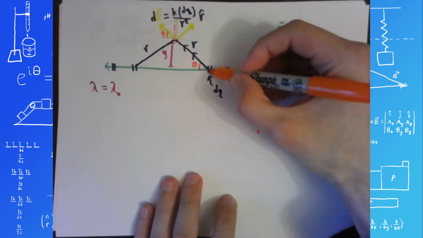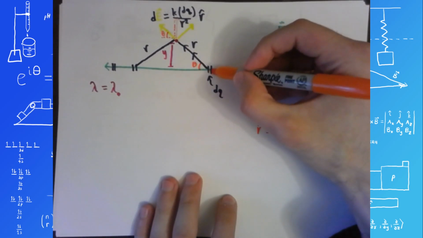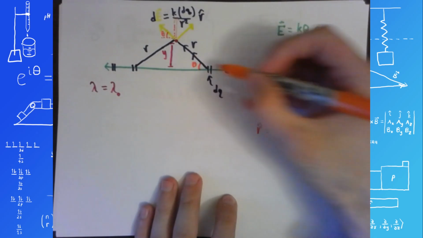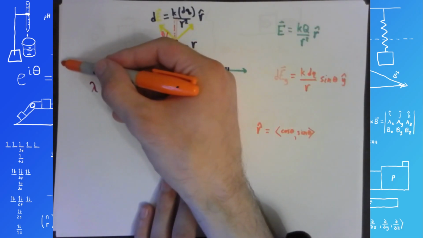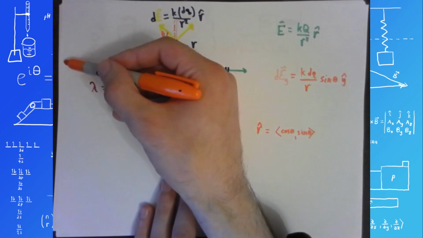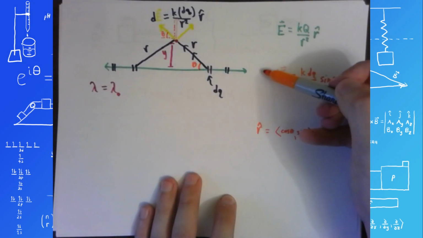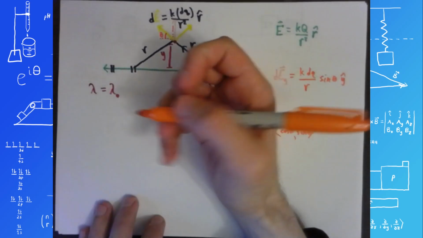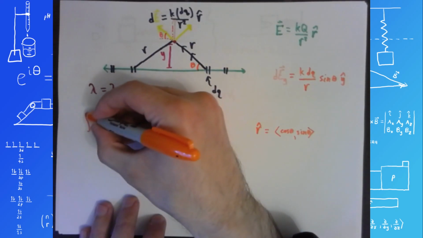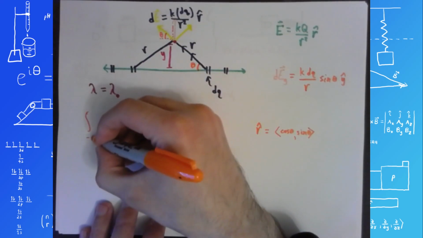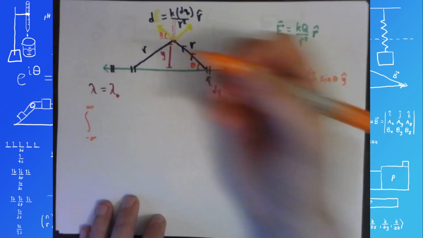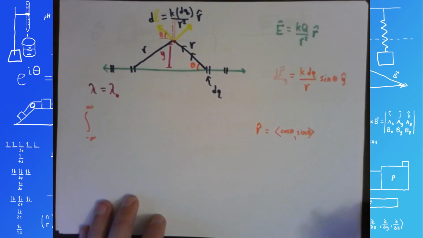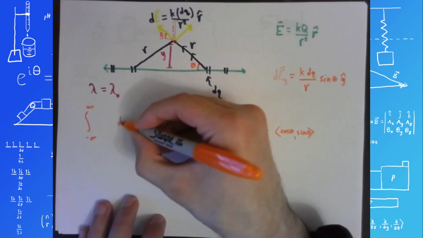Okay, so we want to take a whole bunch of these little segments that contain a charge of dq. We want to make sure that we account for all of them, going from all the way from negative infinity all the way up to positive infinity along this line. So if I'm moving along the length of the line, I guess what I want to do first is just write an integral from negative infinity to infinity with respect to length along the line.